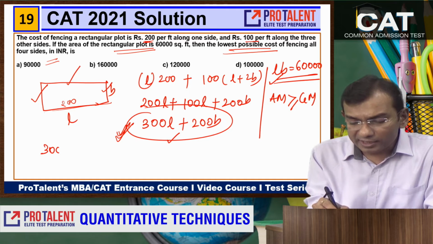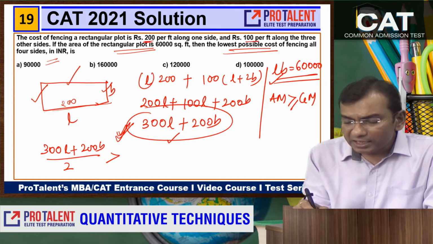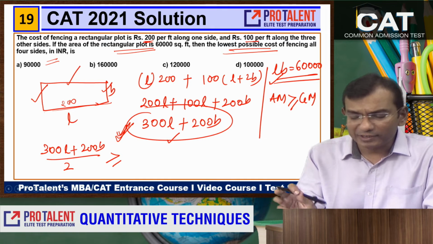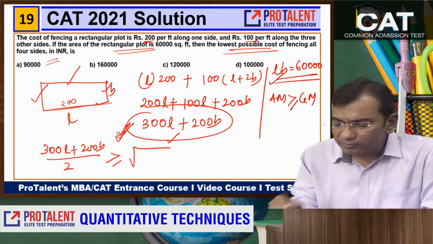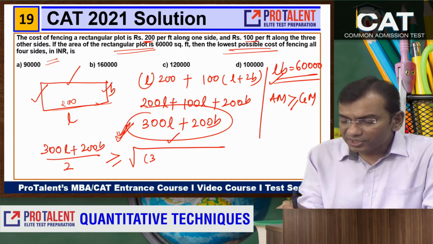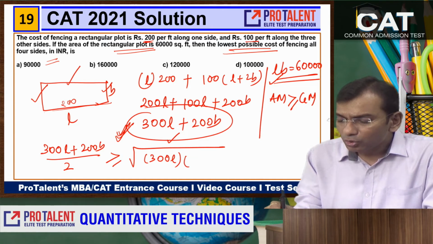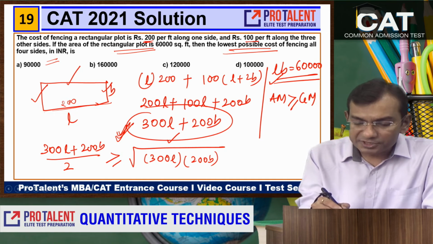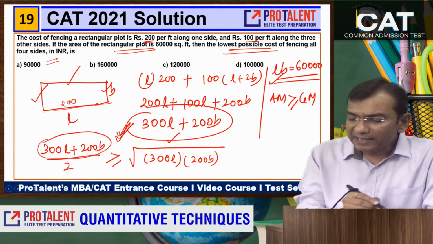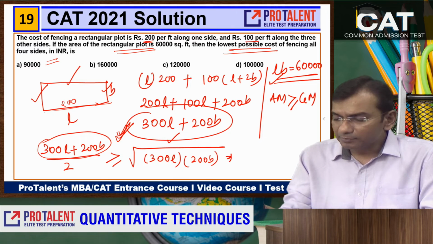सो बेसिकली अगर इसका मैं अरिथमेटिक मीन निकालूं, सो (300L प्लस 200B) बाई 2 इज लेस देन और इक्वल टू, क्योंकि दोनों की वैल्यू सेम नहीं है तो इसको लेस देन मान सकता हूं या इक्वल टू रहने देता हूं, कोई प्रॉब्लम नहीं है। स्क्वायर रूट ऑफ 300L इंटू 200B, सही है। सो दैट मीन्स ये वैल्यू इज नथिंग बट 300L प्लस 200B.